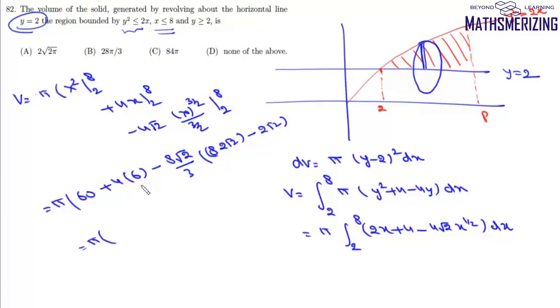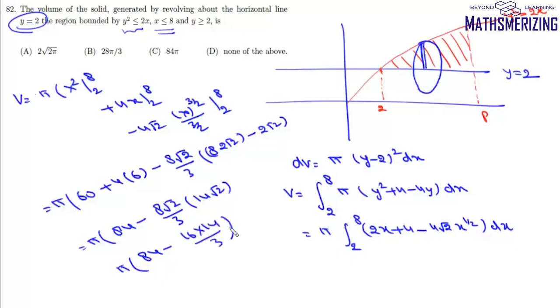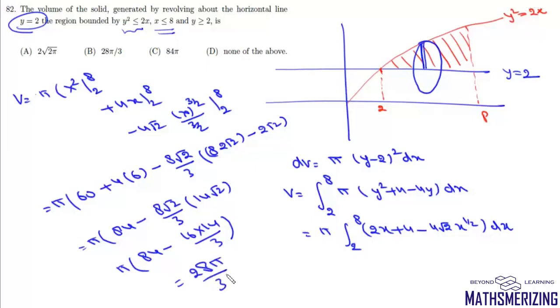So we can write this as pi, and then 60 plus 24. So it will be 84 minus 8 root 2 upon 3, and here it will be 16. 16 minus 2 will be 14 root 2. So we can write this as pi (84 minus 16 into 14 upon 3). So it will be simply 28 pi upon 3, and that's your option number B.